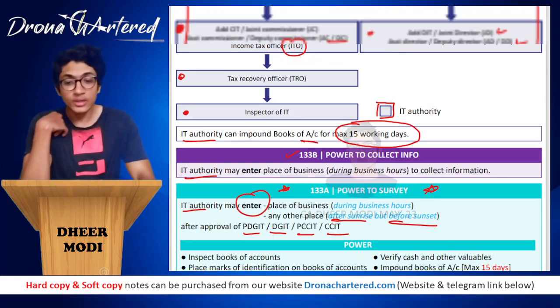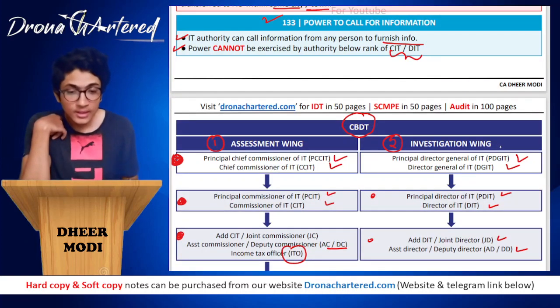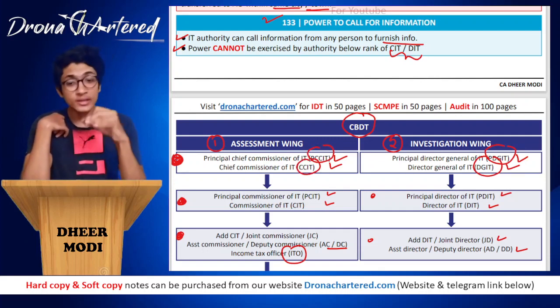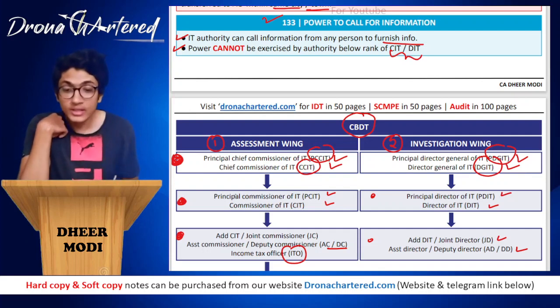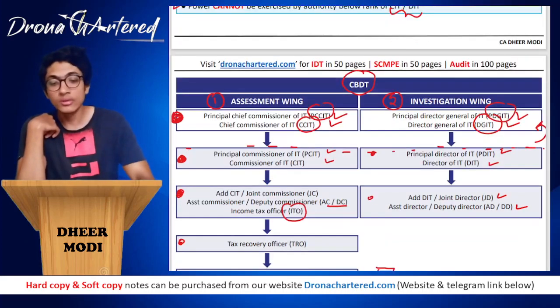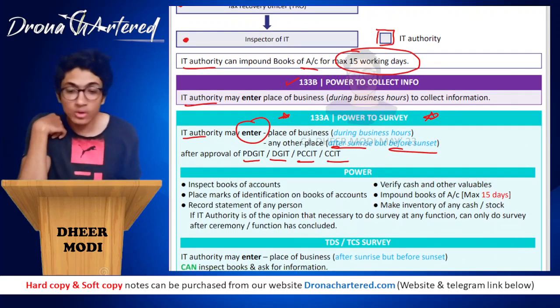Okay, so let's see which people are these: PDGIT, DGIT, PCCIT, and CIT, who are entering your IT authority. Does this matrix now make sense? All of these people I told you are your income tax authority. Now of course they will take approval of these people before entering.